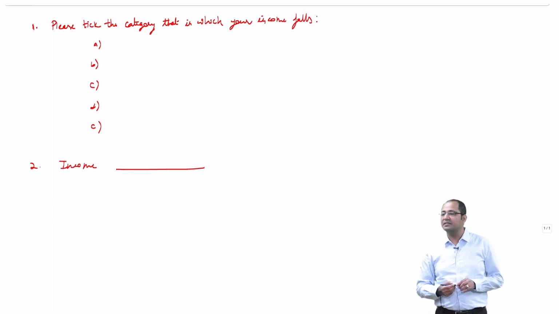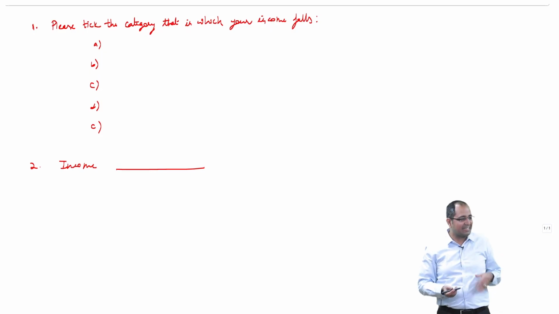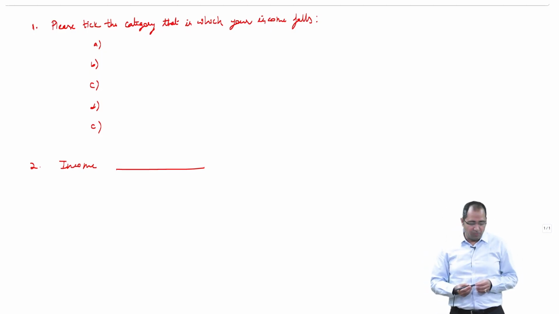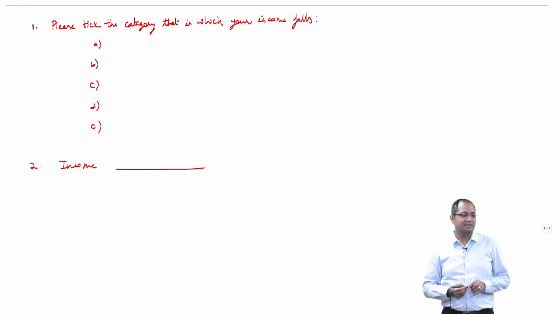What is the correct way? The first way is incomplete unless I write the categories. So there are problems here, right? Which I taught in the previous class also.